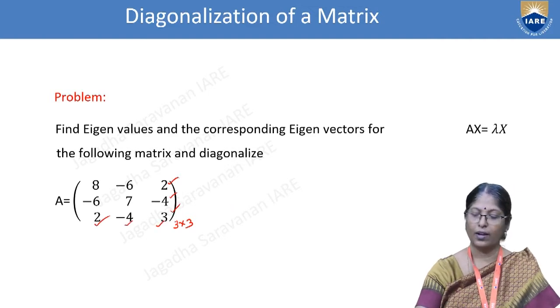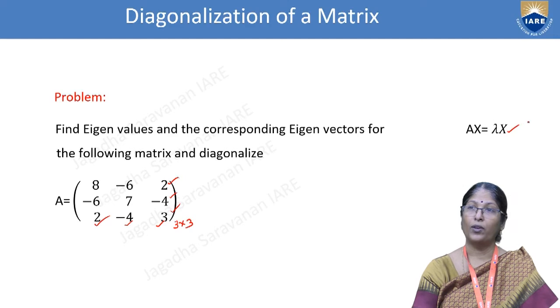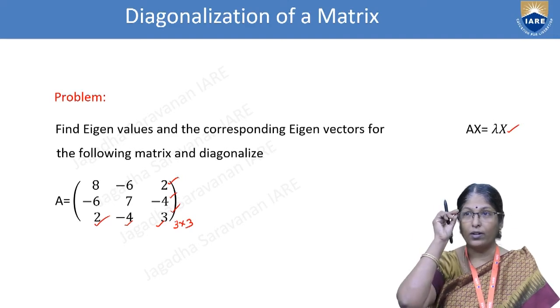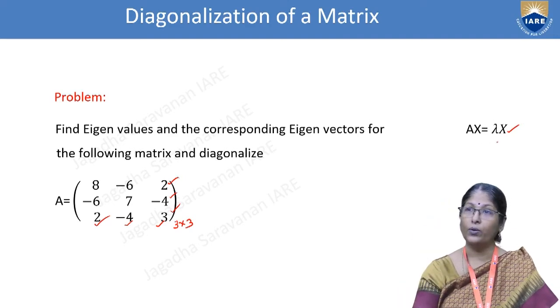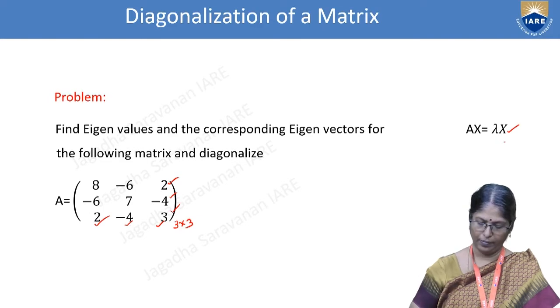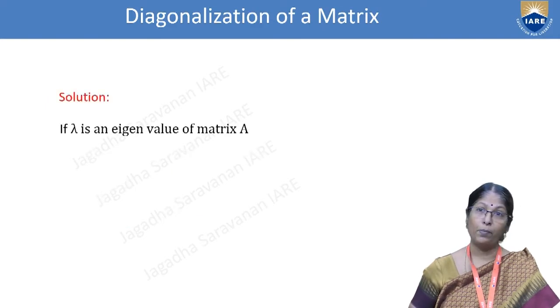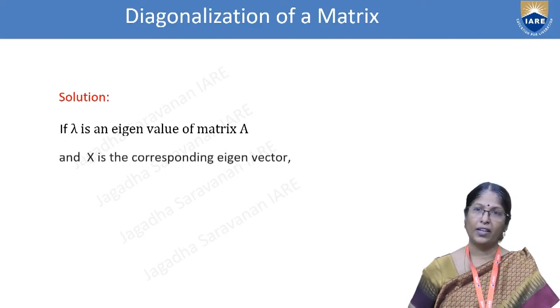This is the condition of eigenvalue and eigenvector: Ax equal to lambda x. If lambda is the eigenvalue of the matrix A, that is our given problem, then capital X is the corresponding eigenvector. Then by the definition, A minus lambda I of X equal to 0.